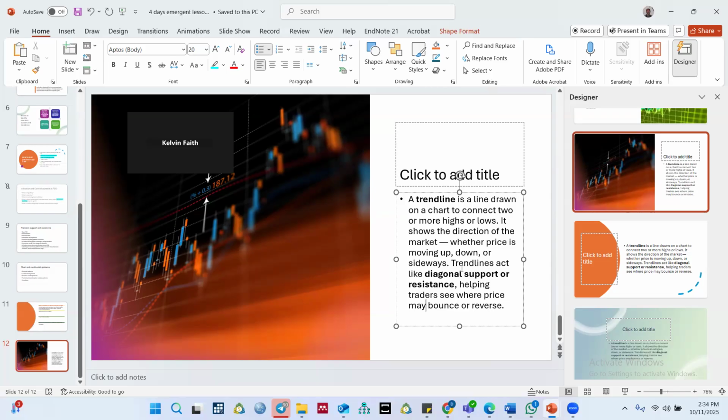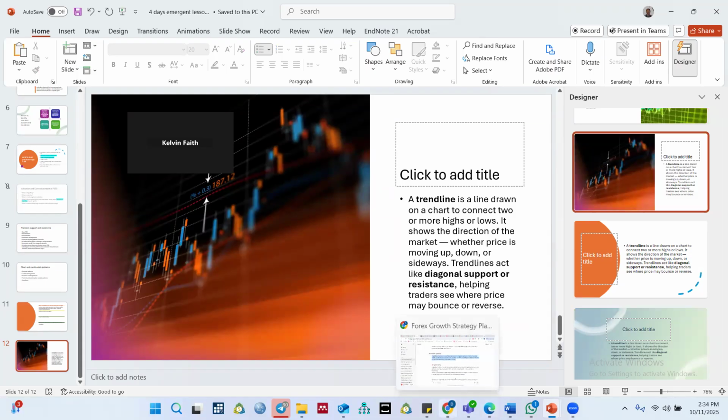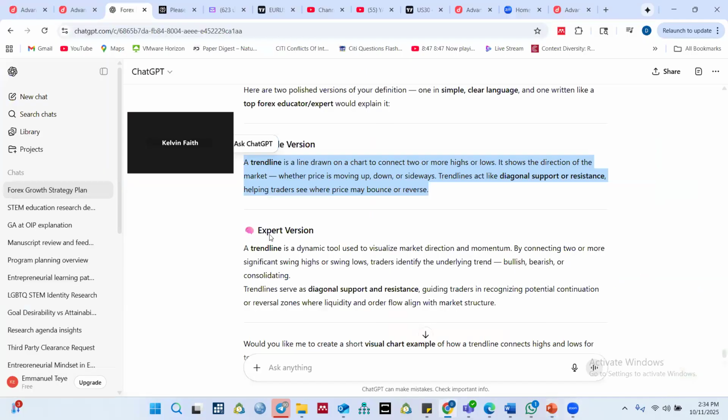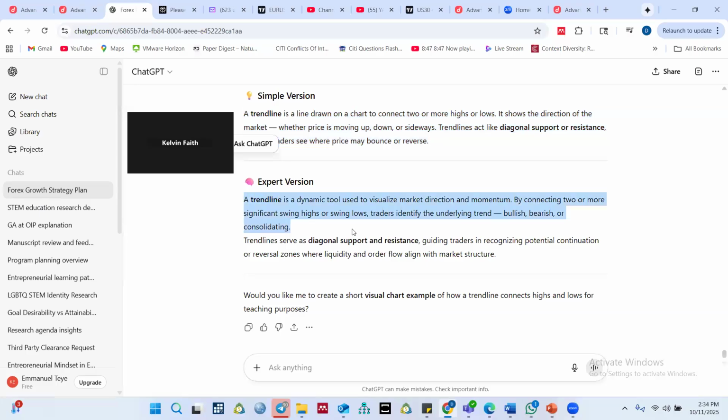So trend lines act as diagonal support or resistance, helping traders see where price may bounce or reverse. I feel like this is a very good thing, putting together all the ideas and points we brought. Then let's see what it's saying from an expert's point of view.